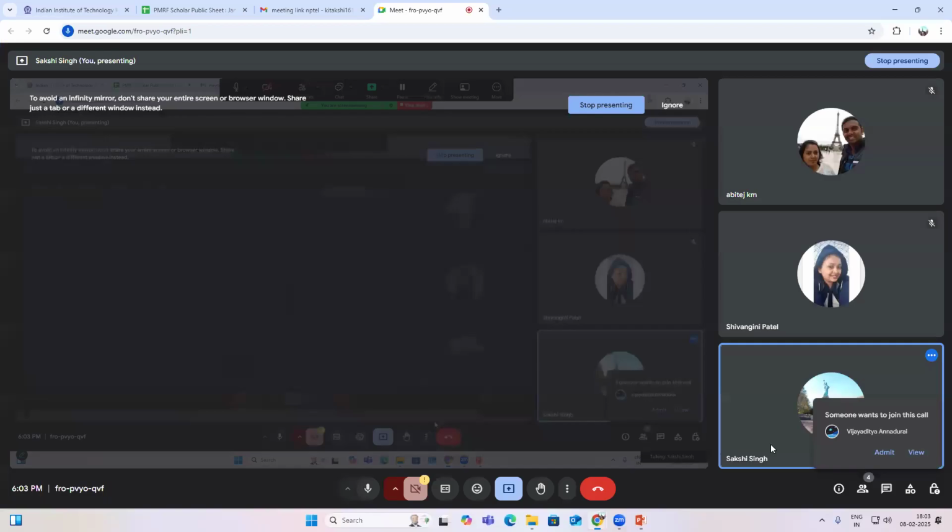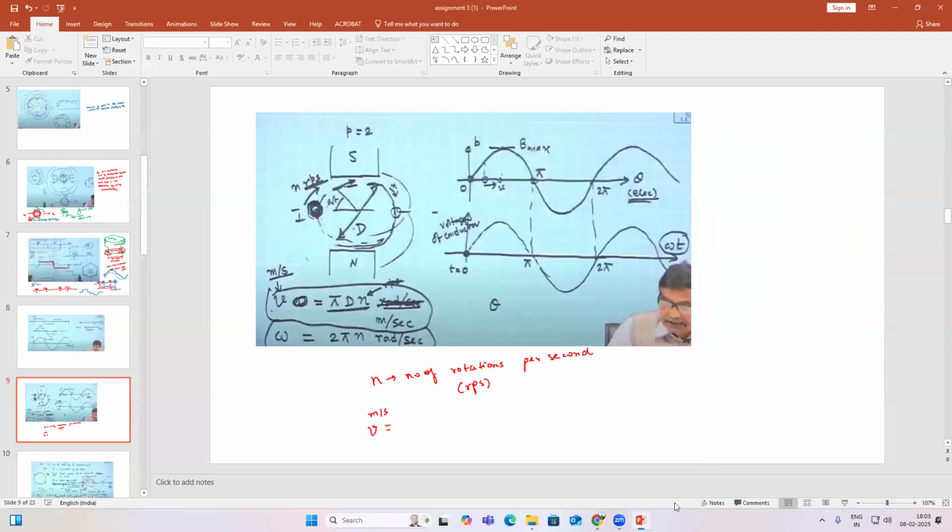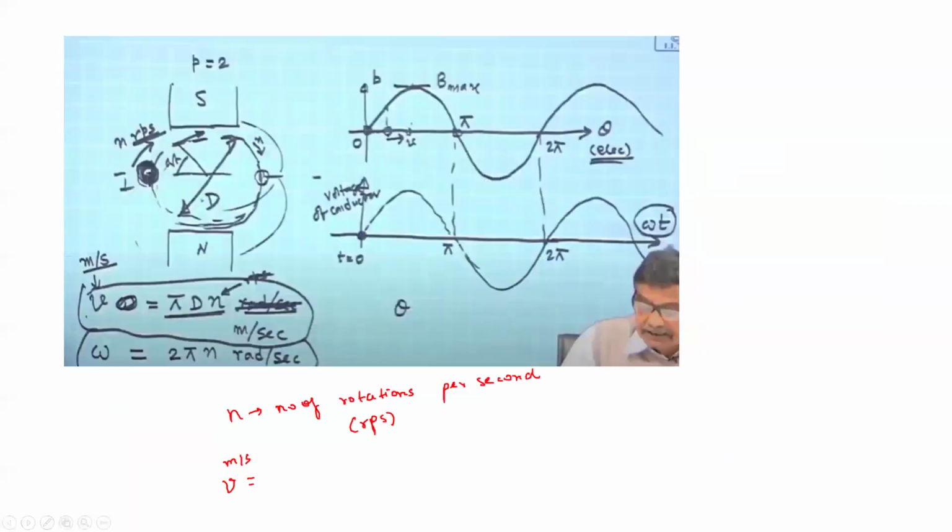Let us say in 1 second, we know that the diameter of this rotor is d in meters.